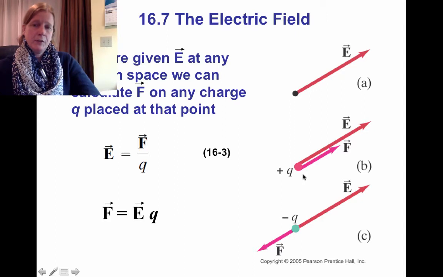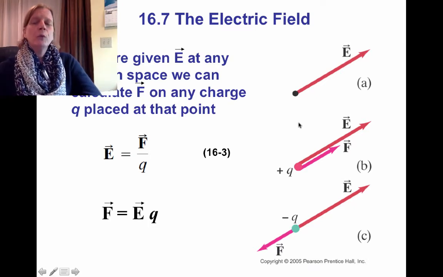The takeaway message is you drop a positive charge in an electric field, the force is in the direction of the electric field. You drop a negative charge in an electric field, the direction of force is opposite the electric field. Another useful way to think about this is electric field lines go from positive to negative. And since opposites attract and likes repel, if the electric field is going from positive to negative, you can imagine a negative charge up here.